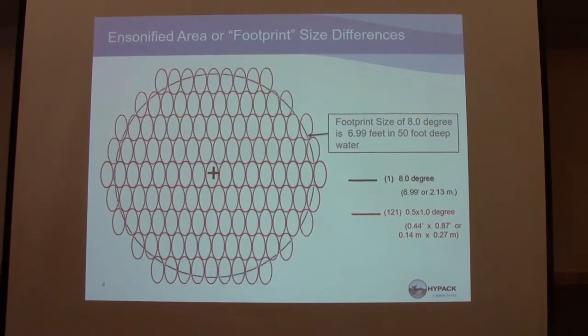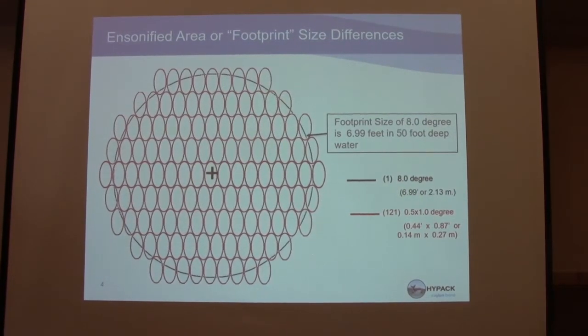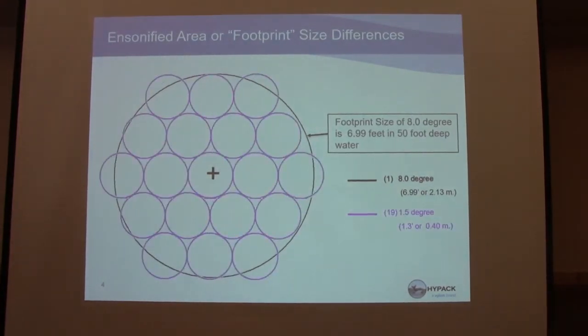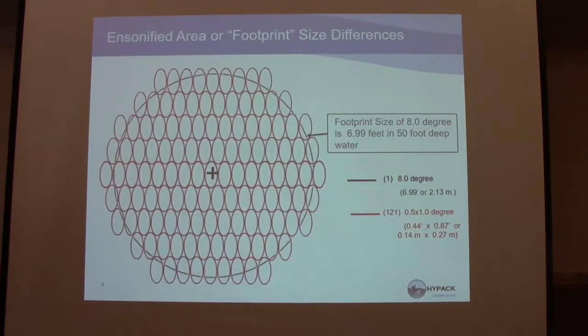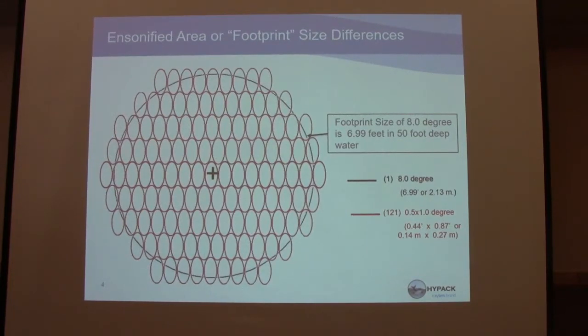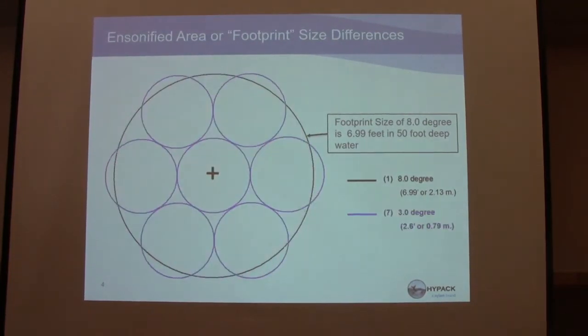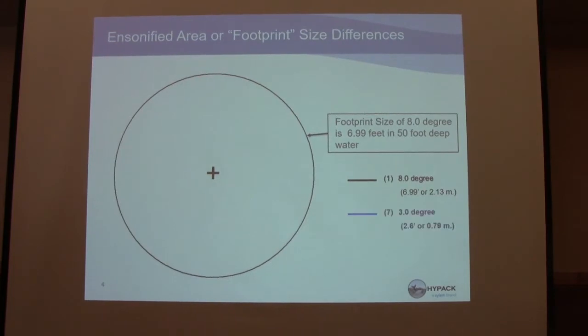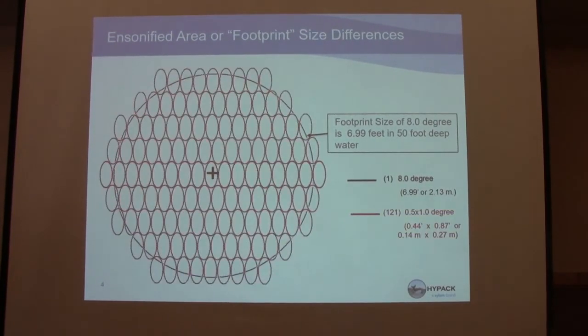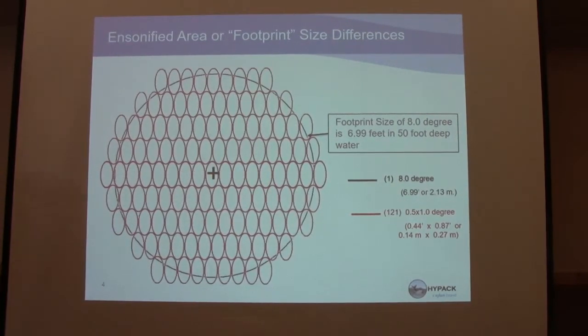When a multi-beam manufacturer is telling you about the beam width and beam spacing, this is the number you're going to want to look for. Is it a 3 degree, 1.5 degree, or a 1/2 by 1 degree? That'll be on all of their spec sheets. Usually when you look at price, it gets more expensive, so this seems to drive the price.